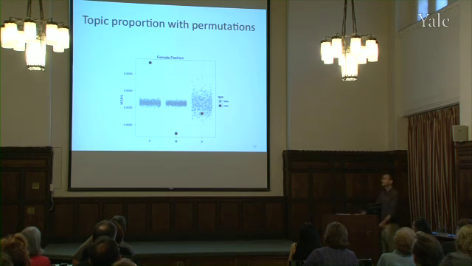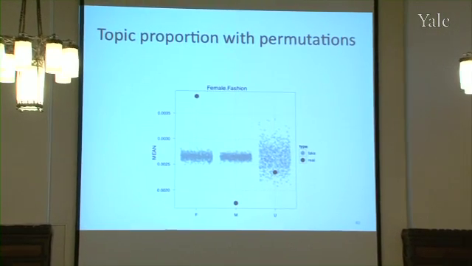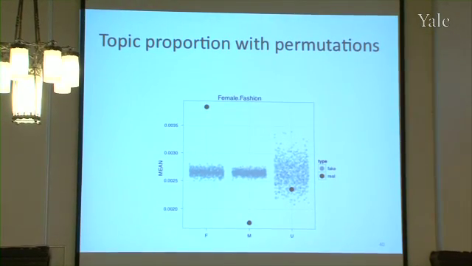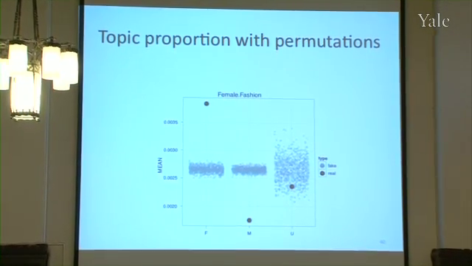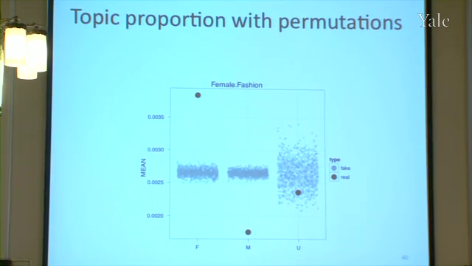So each of the gray dots is a fake universe. The black dots are the same data that you saw before. The side-to-side is just random jitter so that you can actually see all the points. And what you see is that the actual black points that we observed are way outside the range of any of these replications under the assumption that there's no correlation between the 2 columns.